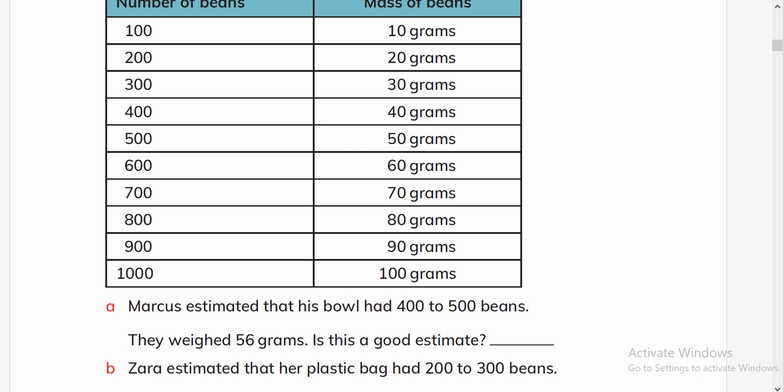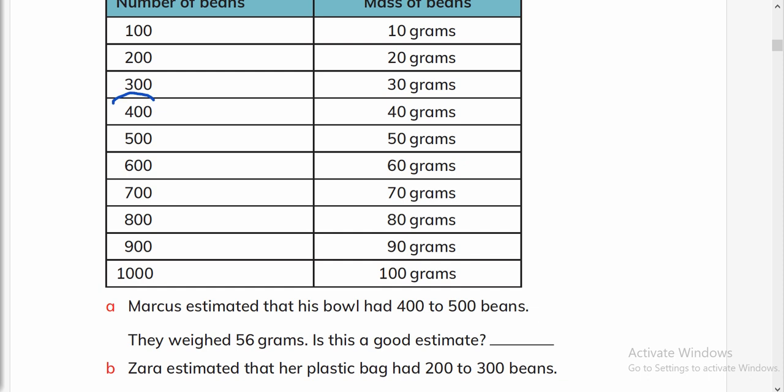Okay, Marcus estimated that his bag had 400 to 500 beans. They weighed 56 grams. Is this a good estimate? Let's see.